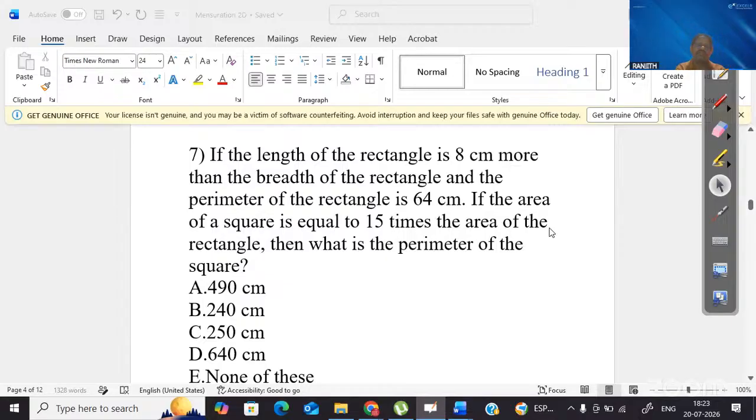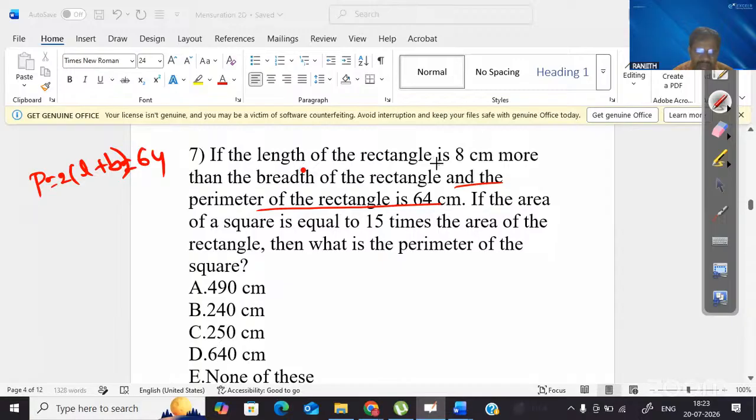If the length of the rectangle is 8 more than the breadth of the rectangle, and the perimeter of the rectangle is 64. So perimeter is equal to 2 times L plus B, which is 64.